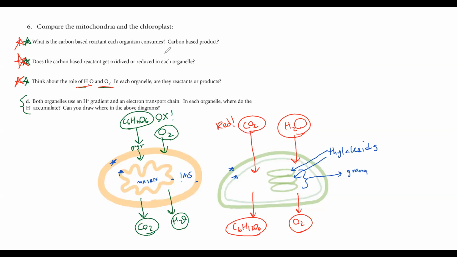All right, so do you remember in our mitochondria, where does all of the H+ accumulate? Both of these have electron transport chains with chemiosmosis and H+. In us, remember the H+ is in the intermembrane space, so it's kind of in the outer compartment. In the chloroplast, it's the opposite. The H+ is not in the outer compartment. It's inside of the little pocket.